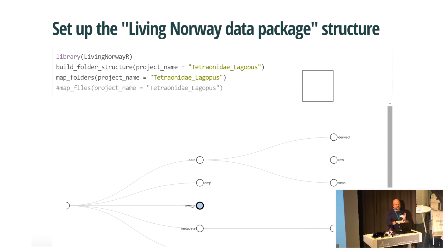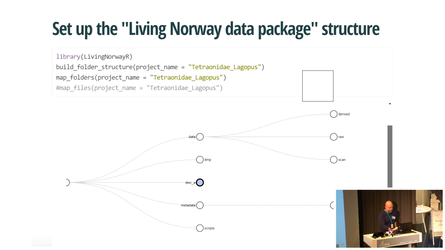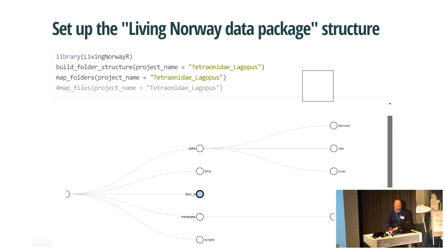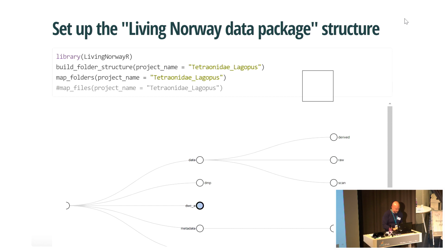There'll be an RMD, so a markdown file, which you can also read as a human. And then there's also this file which actually tells GBIF which files relate to each other in the end. Okay. And then you can also put in your scripts, your analysis scripts, in the folder somewhere. Okay, so that's the structure of the folder.